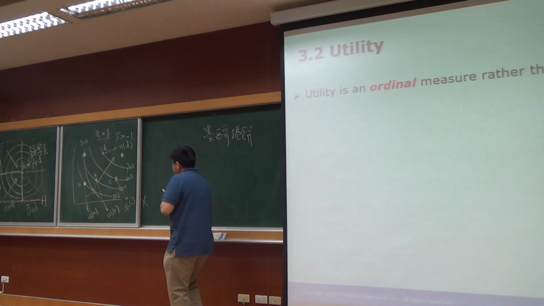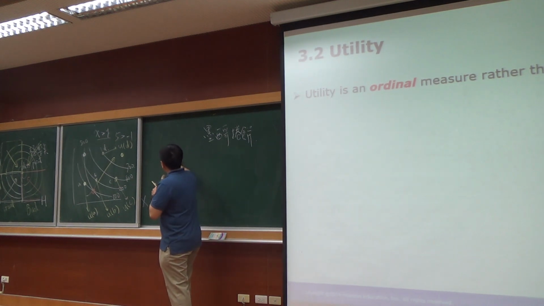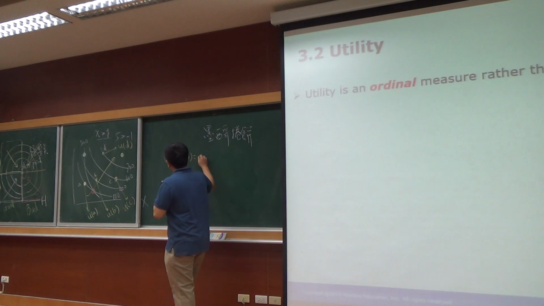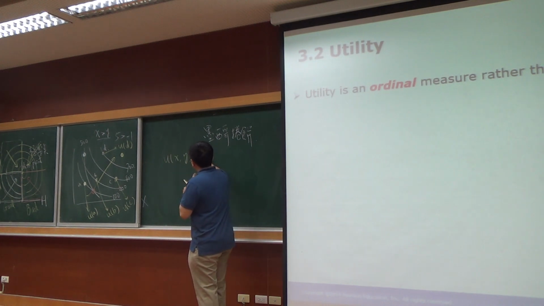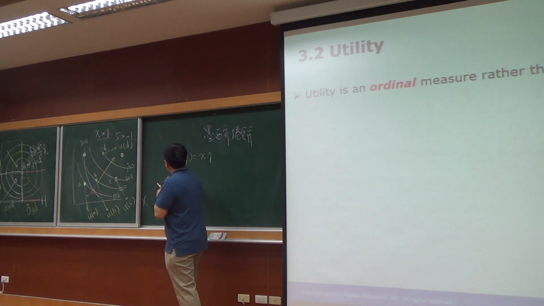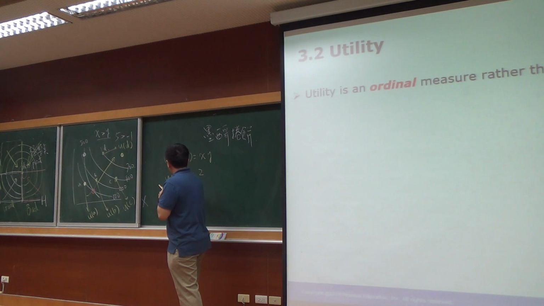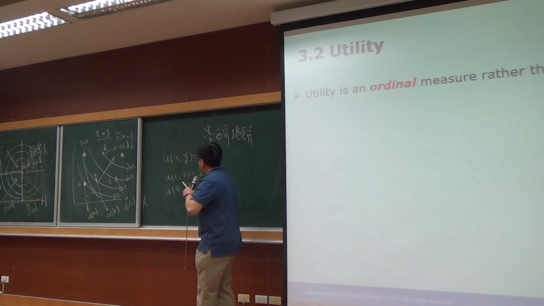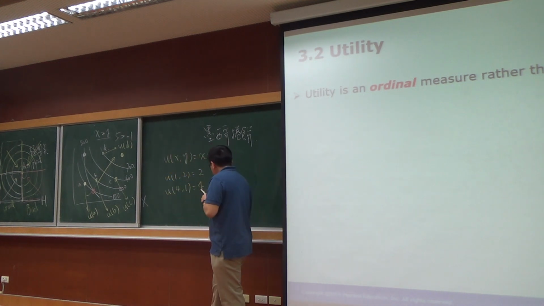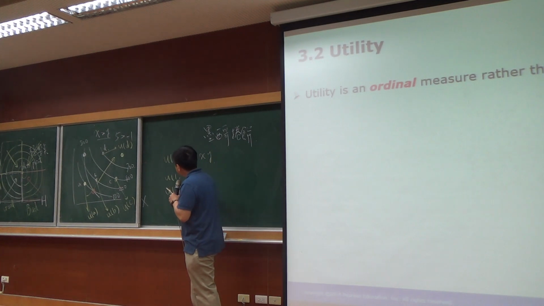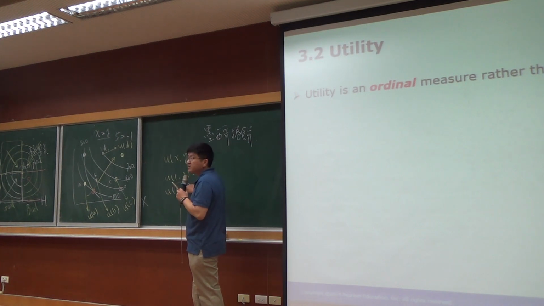For example, if we got a utility function where U(1,2) equals 2 and U(4,1) equals 4, I would say bundle (4,1) is strictly preferred to bundle (1,2).